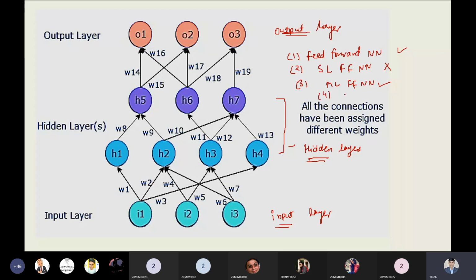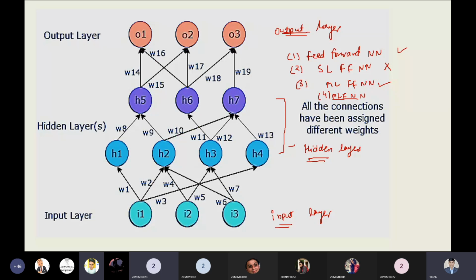Can we say this is a fully connected neural network, a multi-layer fully connected neural network? No, sir. Why? Because in the hidden layer we can see they are not connected.